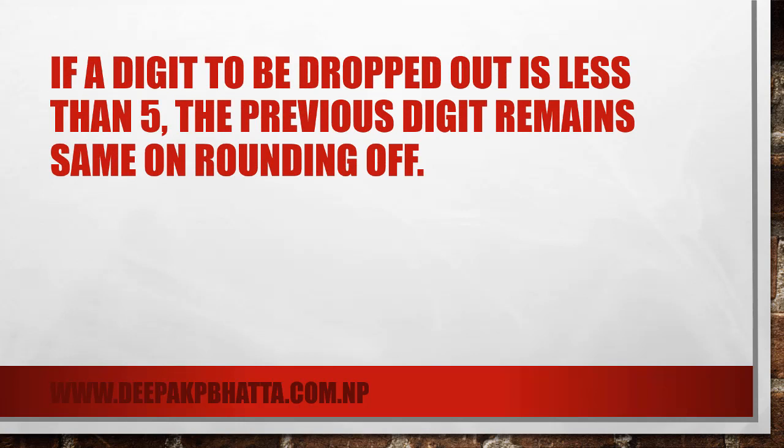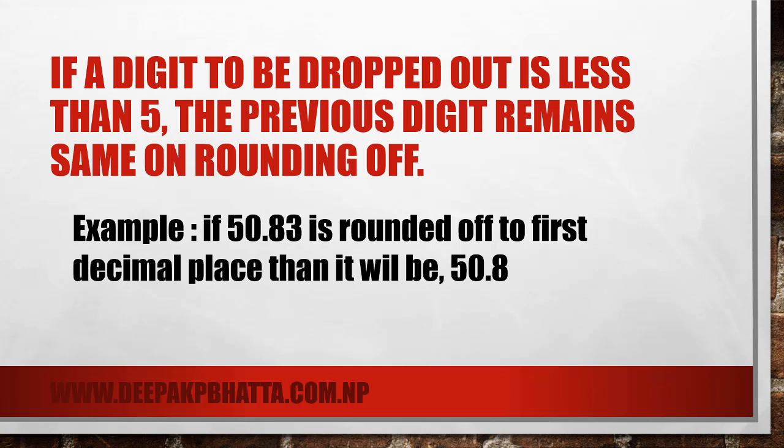Okay. If the digit to be dropped out is less than 5, 4 or less, the previous digit remains the same on rounding off. For example, if we have the number 50.83 and round it off to the first decimal place, then it will be 50.8, because the number 3 is less than 5. That's why the answer should be 50.8. Okay.